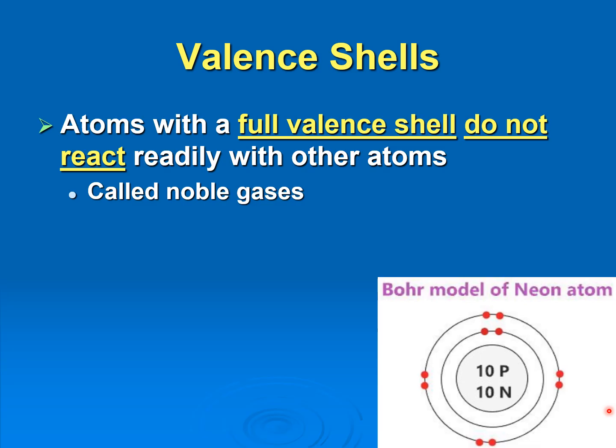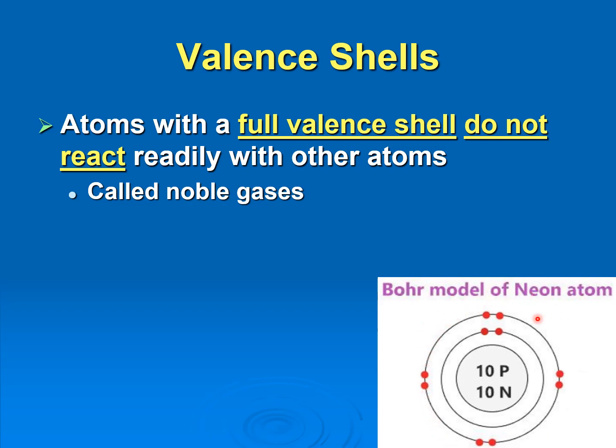So, for example, we have this neon atom, and you can see the first electron shell here. And then here's our valence shell on the outside. And you can see it's got 2, 4, 6, 8 electrons. So that outer second shell is full.